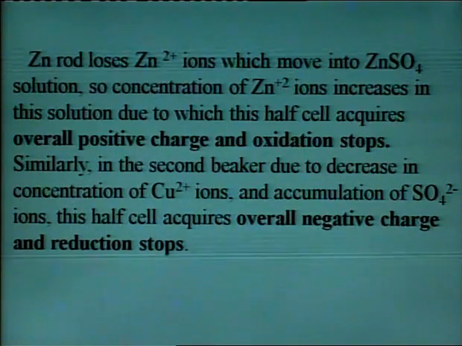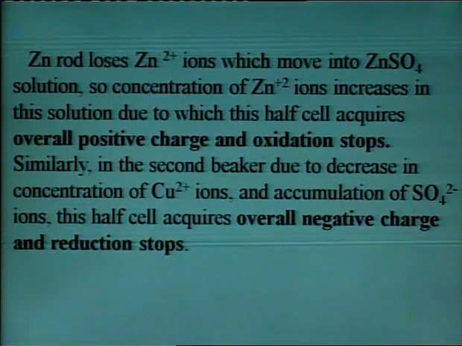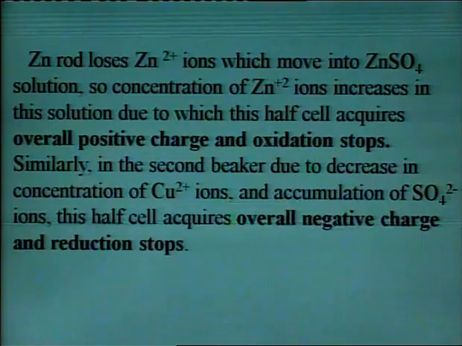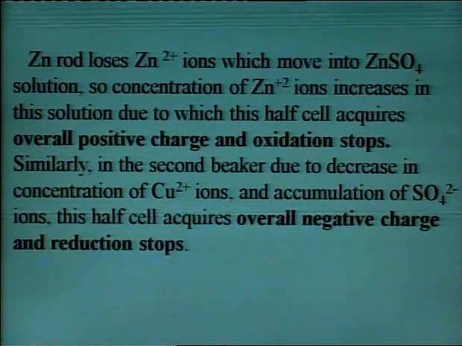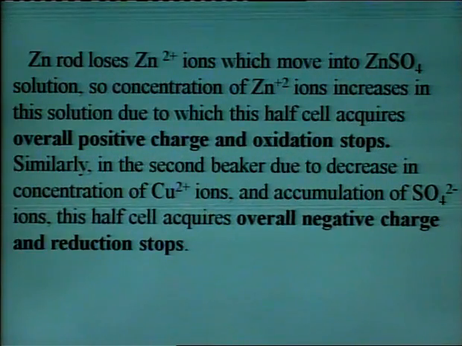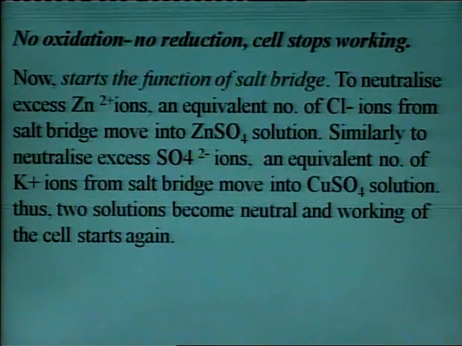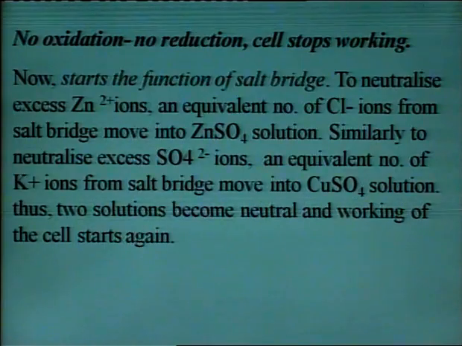The concentration of copper ions is decreasing because more and more copper ions are changing into solid copper. So, there will remain only negative sulfate ions, which will make this beaker overall negative, and the process of reduction stops. No oxidation, no reduction means the cell will stop its working.